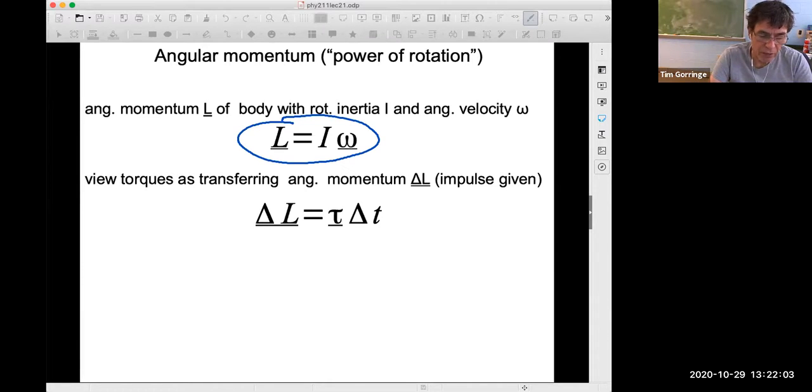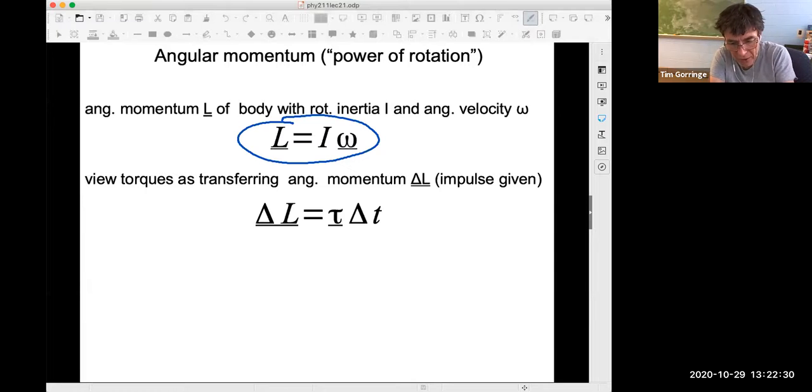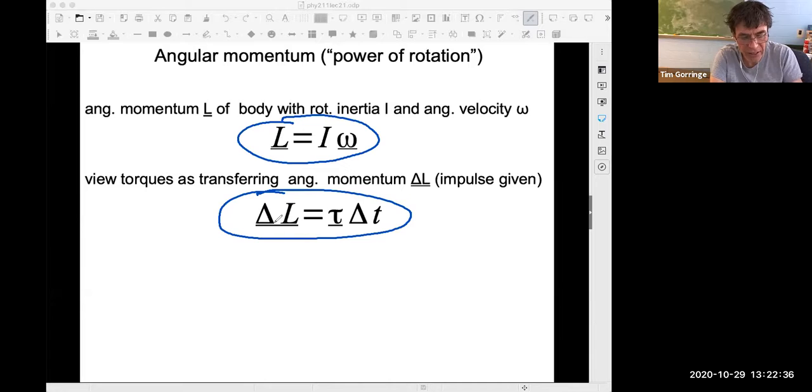Like we could view forces as transferring linear momentum, we can view torques as transferring angular momentum. That's one way of picturing torques, as agents of transfer of angular momentum. We call that an impulse too, and the change in angular momentum we call delta L. The change in angular momentum when a torque acts is the torque times the time interval that it acts for.